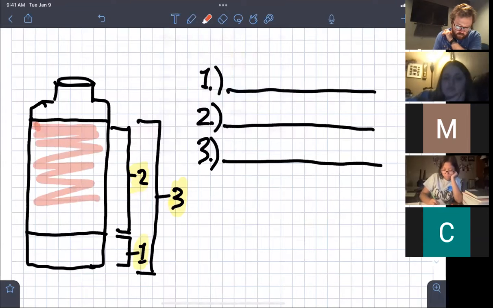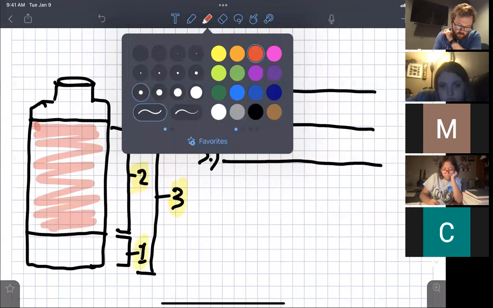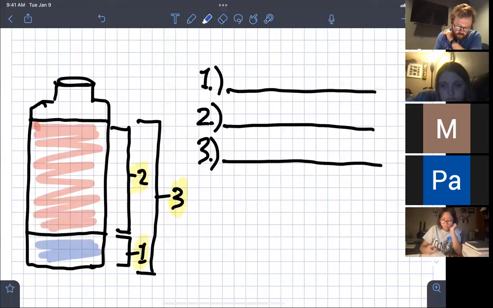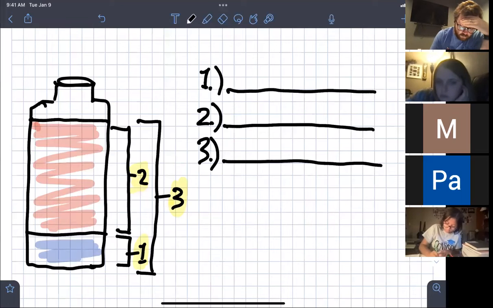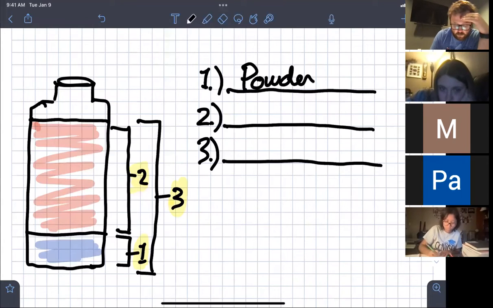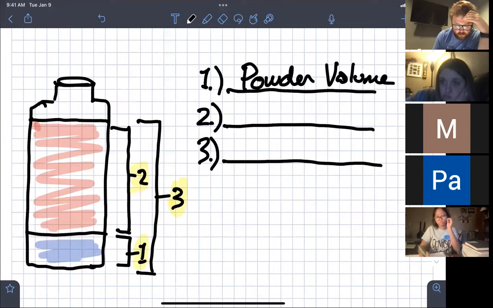So that's like this blue. Go ahead and tell me what number 1 is. The powder. Specifically, I want you to say powder volume, right? I drew that to show you that it's taking up space in the vial.